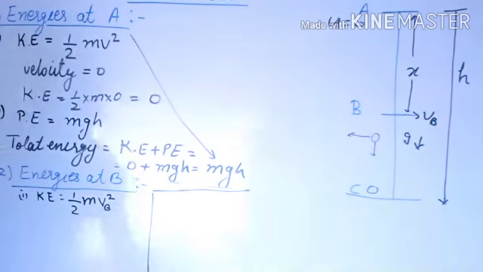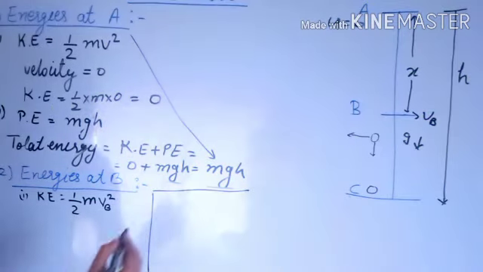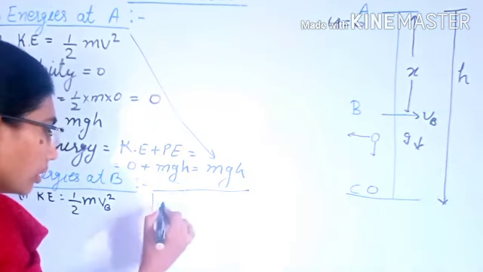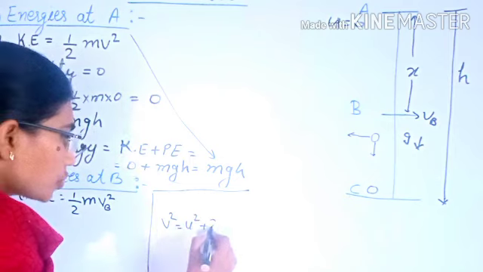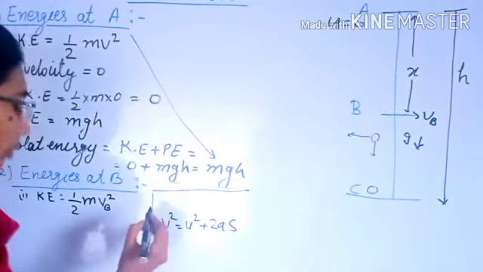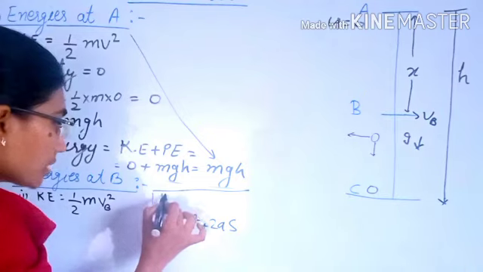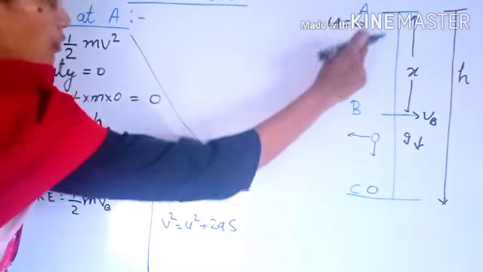As you know from the equation of motion, v square is equal to u square plus 2as. Here the initial velocity is 0 as the object is falling freely.